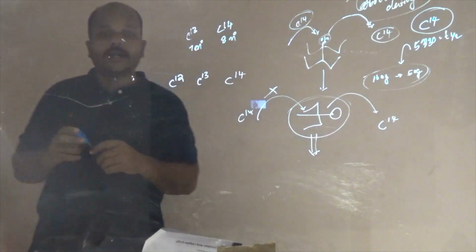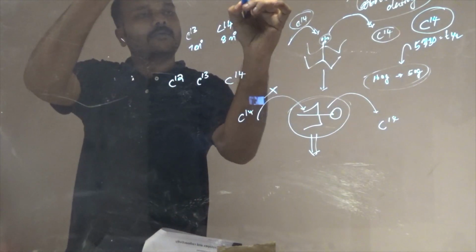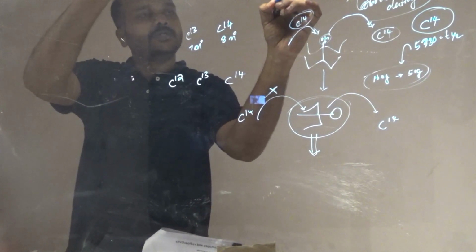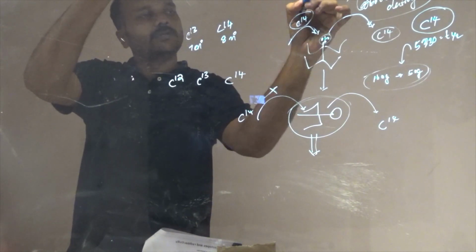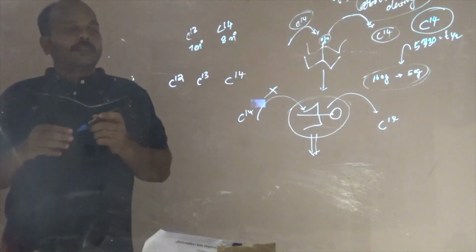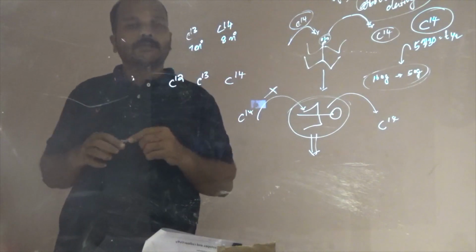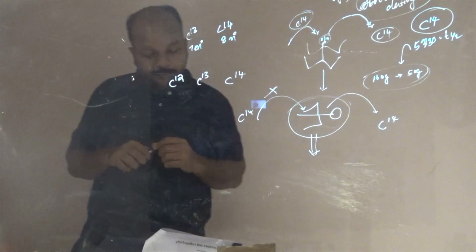What does it mean? Radioactive means C14, for example, decomposes into N14 plus beta plus energy. Okay, so this is the case.